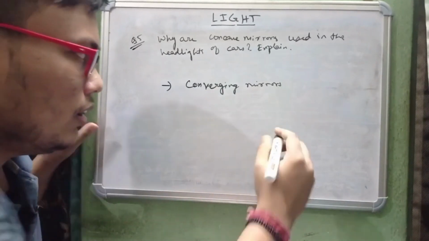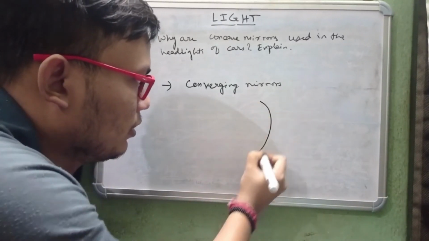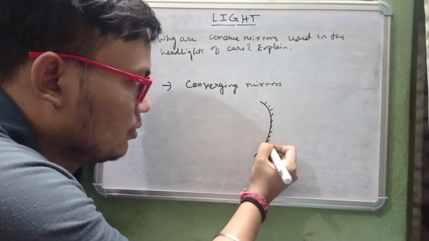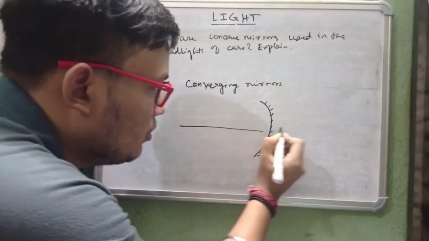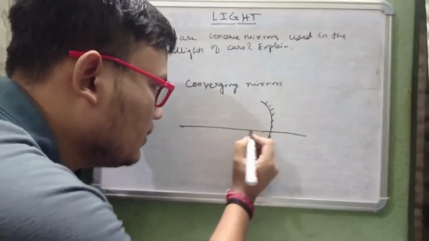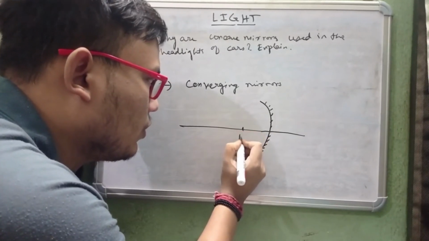Now we'll draw a concave mirror. This is the principal axis. Let's say this is focus, okay?